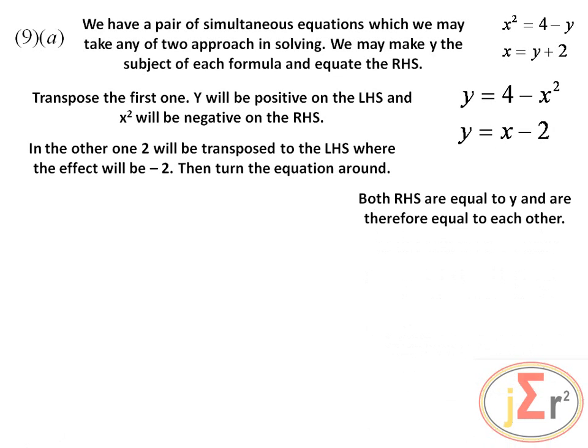Both right hand sides are equal to y and are therefore equal to each other. Y is 4 minus x squared, y is x minus 2. If this is y and this is y, these two must be equal. So x minus 2 is equal to 4 minus x squared.